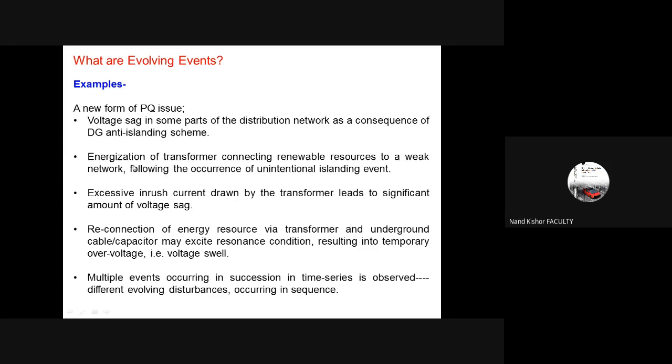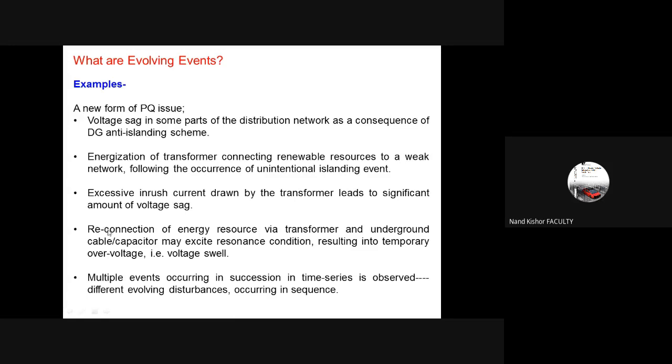Because of this energization, you may experience high inrush current drawn by the transformer, and as such it will result in a drop in the voltage. A significant voltage sag will take place.